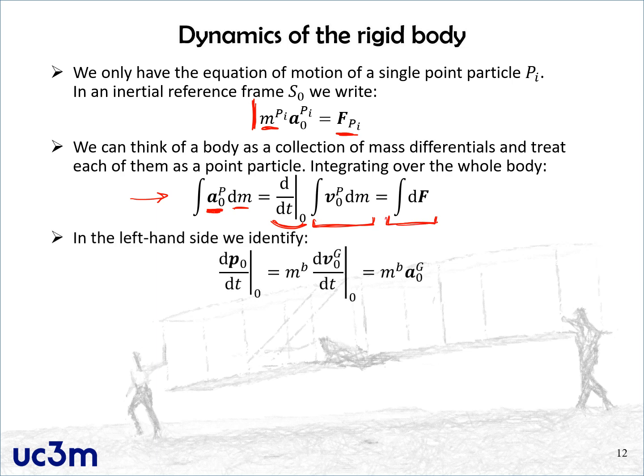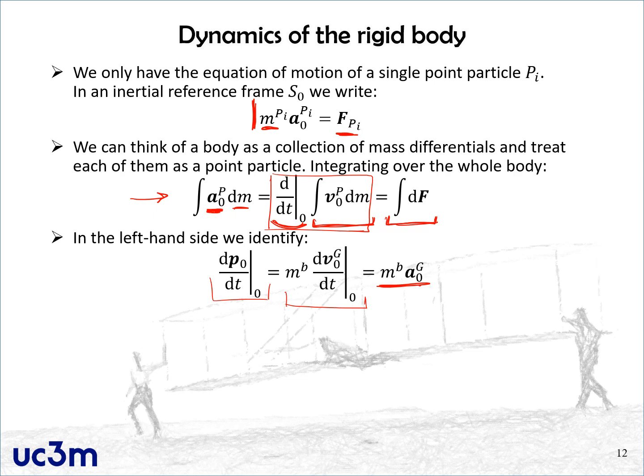So if we focus our attention on the left-hand side, it's clear that what we see over here is the derivative of the linear momentum of the rigid body as we have defined it today. Okay, so a different way of writing that derivative is as the derivative of the velocity of the center of mass, which is just this.